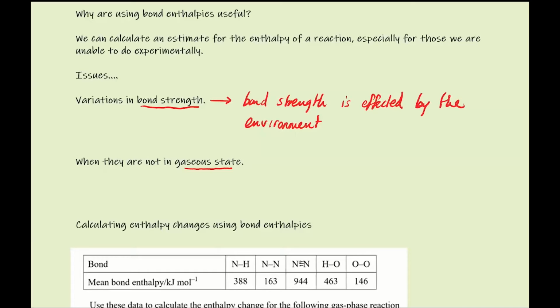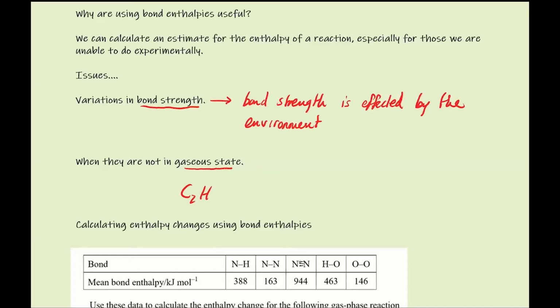So if any one of my reactants or products are not in gaseous state, then we start to deviate, or there'll be a bigger difference between my bond enthalpy values when I've used those to calculate my enthalpy change compared to actually doing it experimentally. So for instance, like I've left a gap here.